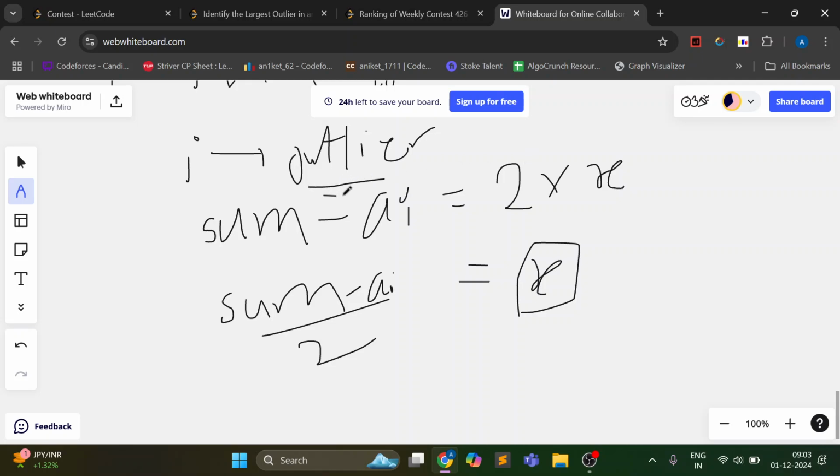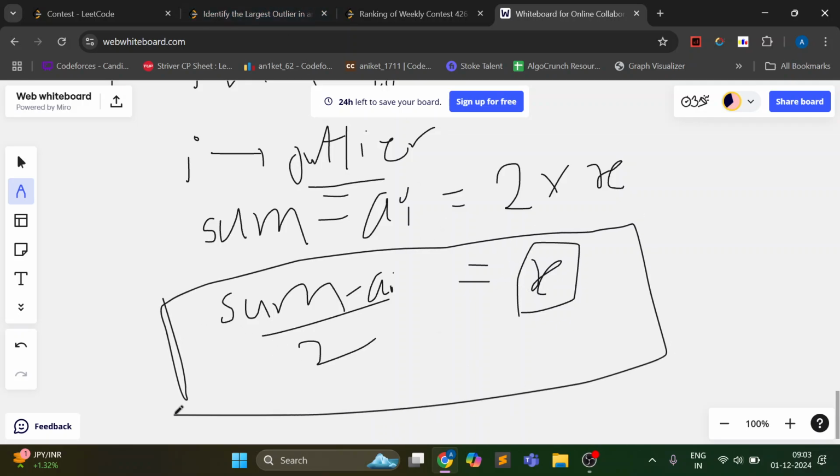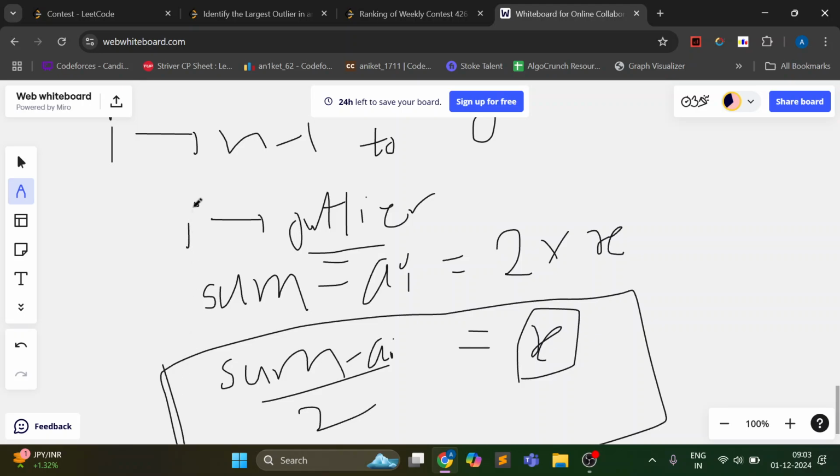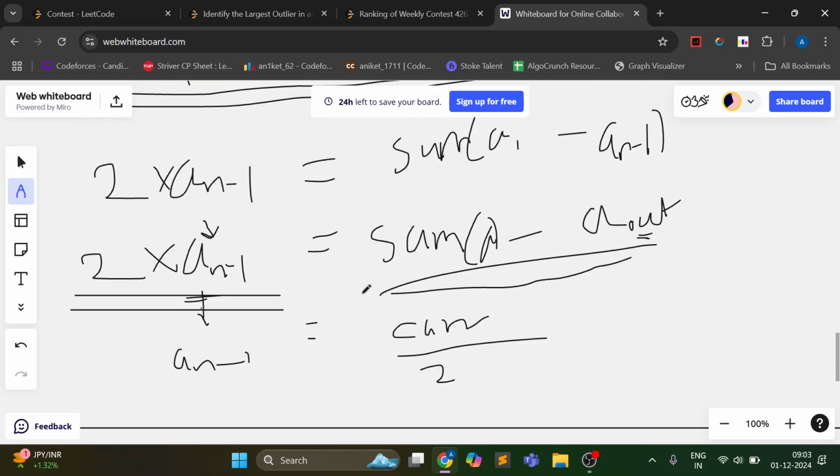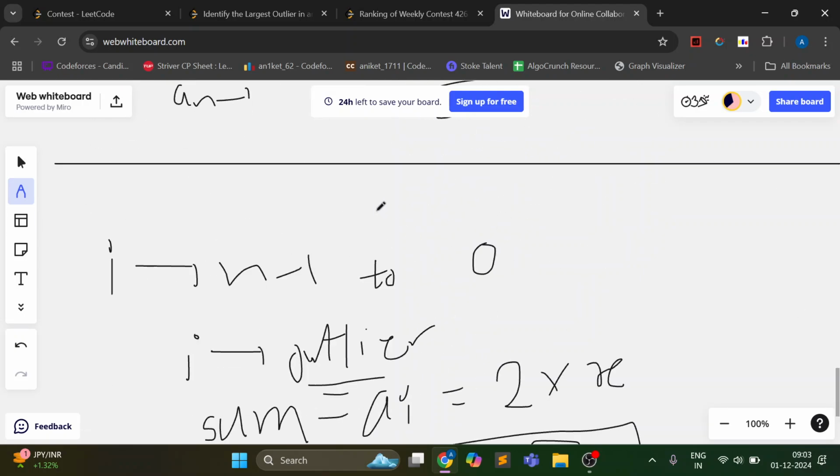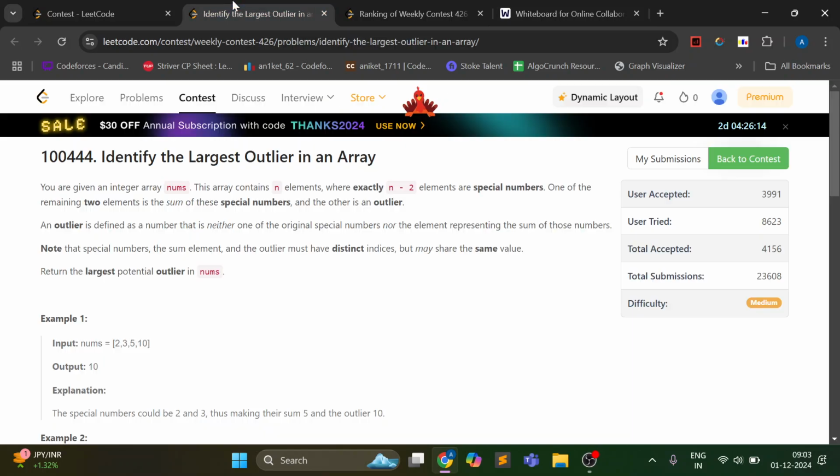So we can't consider outlier itself as x. So this is the whole solution. We basically check all the elements from n minus 1 to 0, consider each as an outlier, and check the other condition. Coming to this other condition was the main point of the question, I would say.